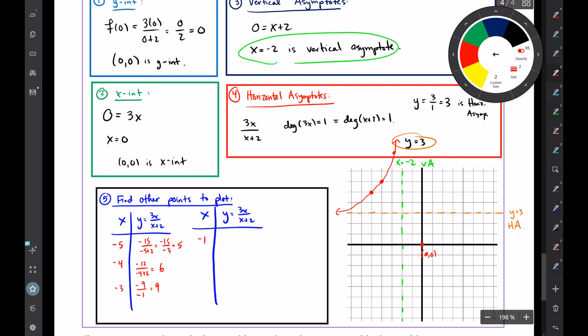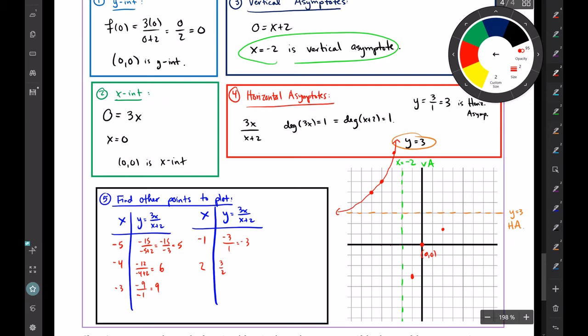If I plug in negative 1, I'll get negative 3 over negative 1 plus 2, which is positive 1, so that's just negative 3. So negative 1 comma negative 3 is a point there. Maybe I'll do 2. You'll get 6 over 4, so that's 3 halves.